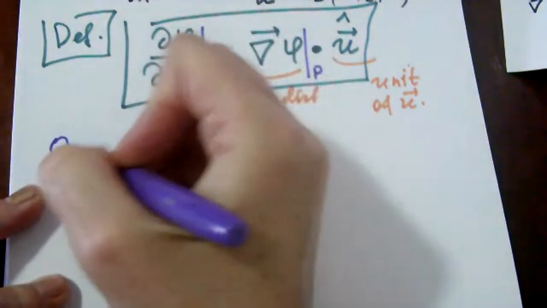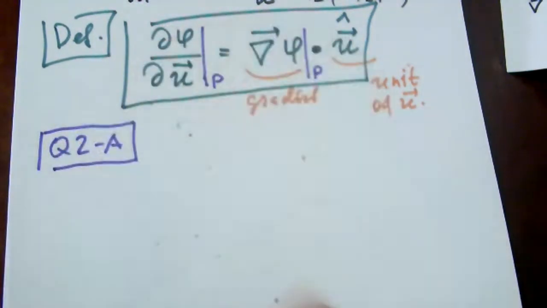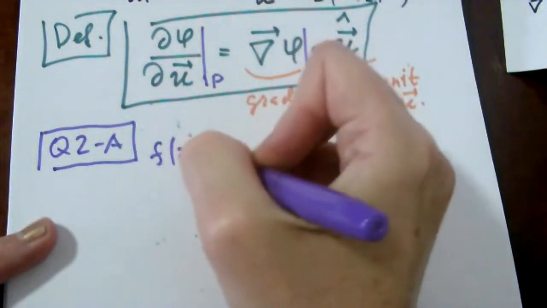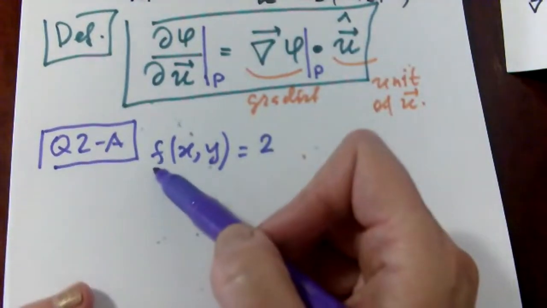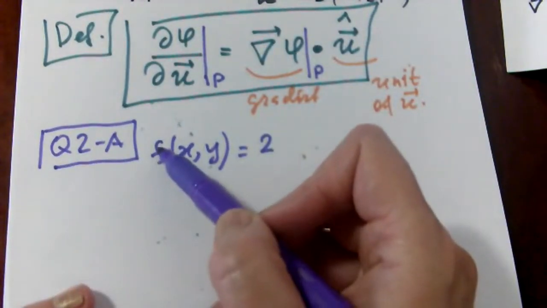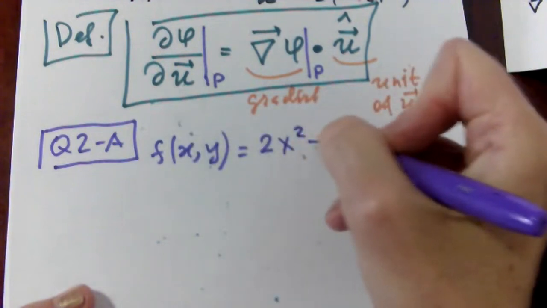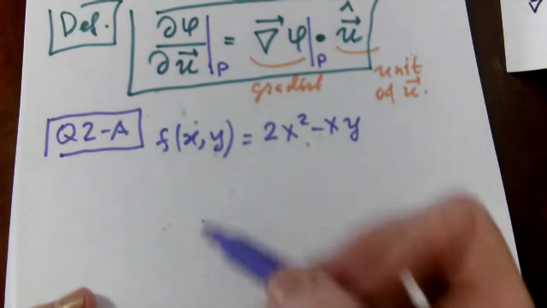Okay, this is going to be question 2a from our tutorial. Question 2a. So in this question, you are given a function. Look at this. The notation is different, which is actually very good. They haven't notated it like phi or as usual, like f. I think it's a good idea because otherwise you might get too used to one notation.